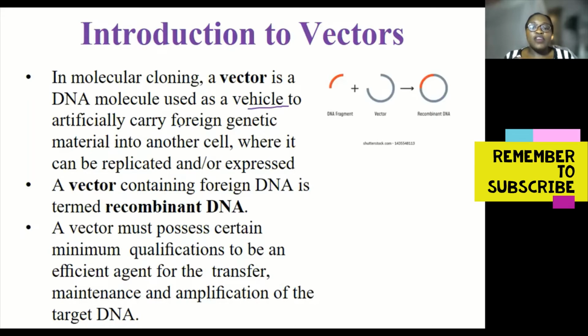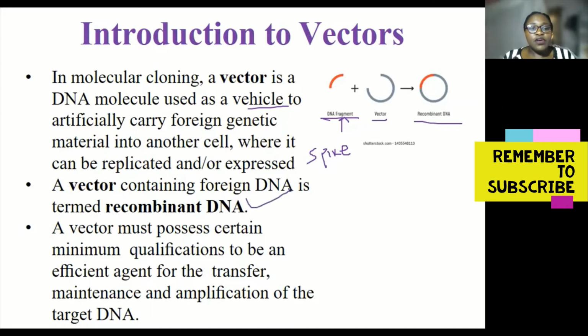So you have now your target DNA fragment or gene. For example, if we use the situation of COVID-19, we have the gene that codes for spike proteins. So that DNA fragment will be inserted into a carrier, which is our vector. And this usually results in what we call recombinant DNA technology.